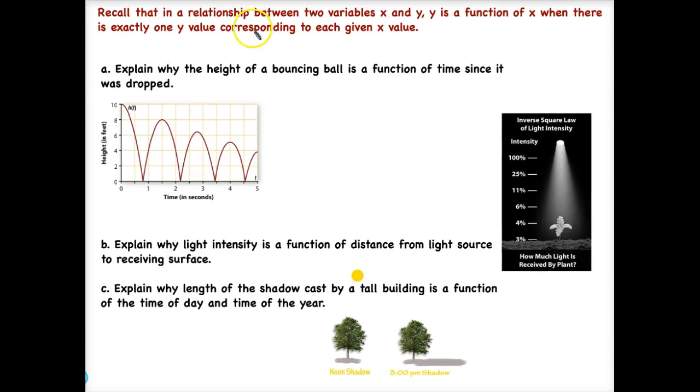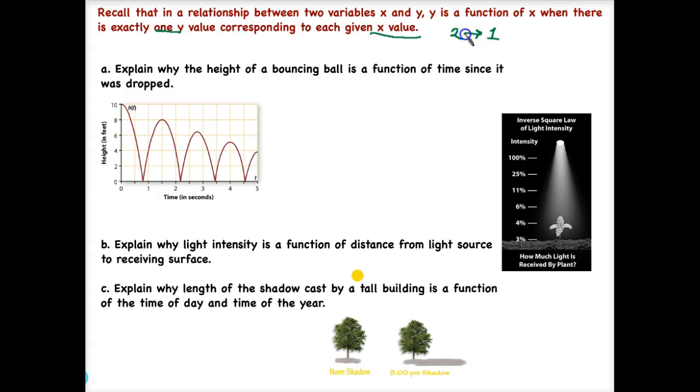Now recall that a relationship between two variables x and y is a function of x when there is exactly one y value corresponding to each given x value. So in other words, if I have an x value of 2, it can only have one y value of 1.